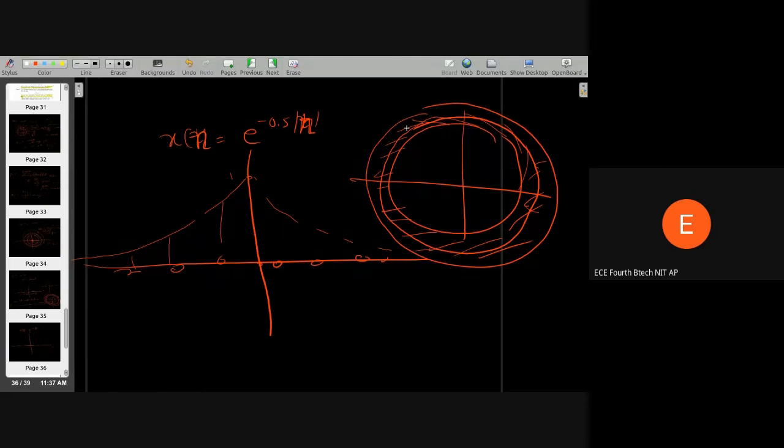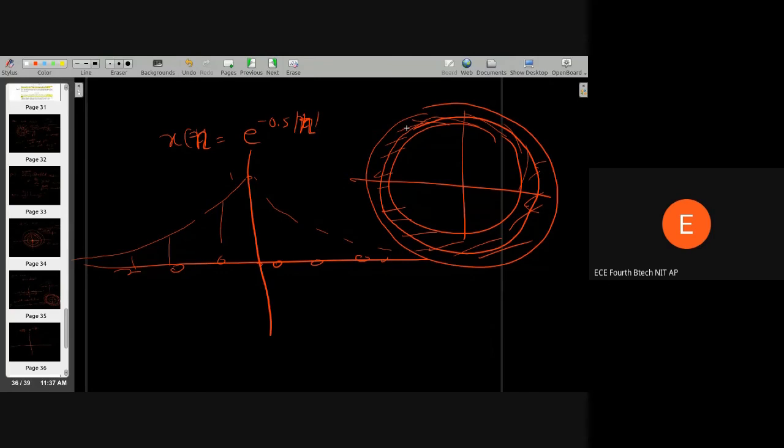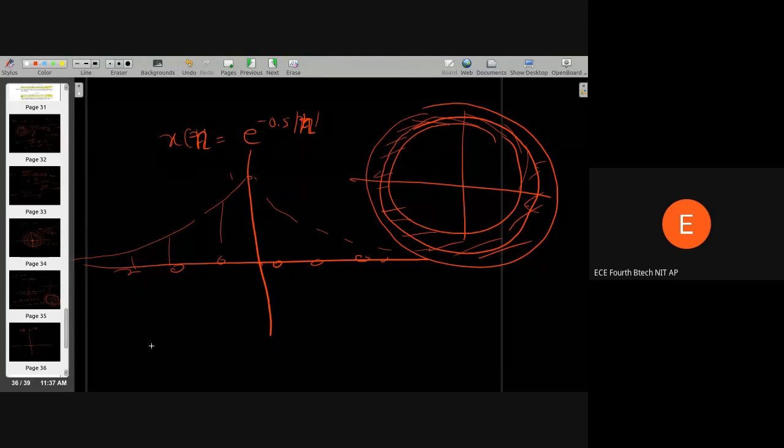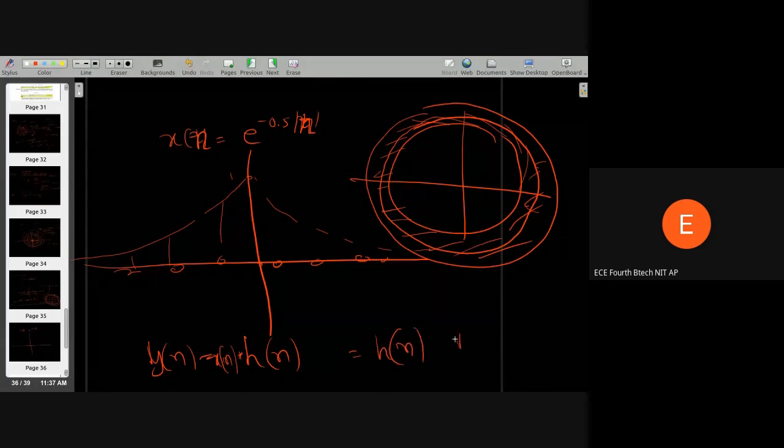So these concepts of how poles play a significant factor in analyzing systems, signals, and thereby systems. You should know that signals and systems are interchangeable things. When you say yn equal to xn convolution hn, you can also change it into hn xn.